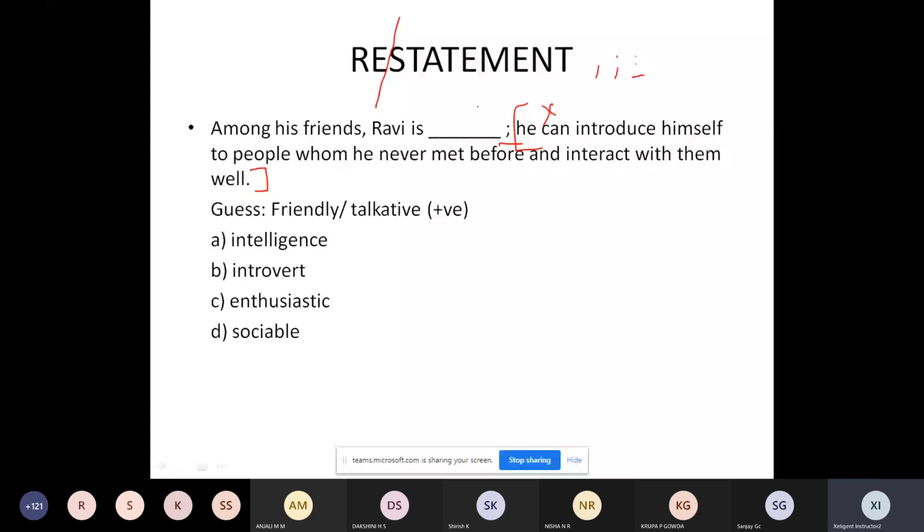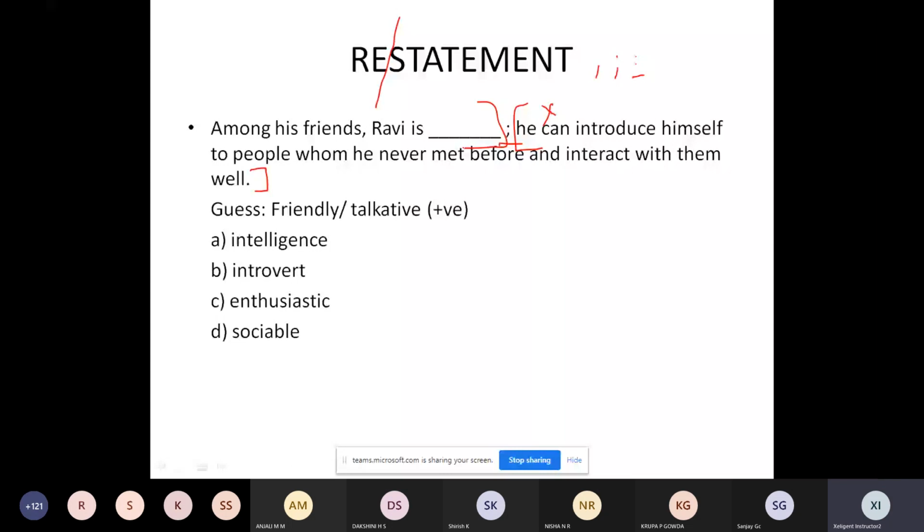Among his friends, Ravi is blank. Ravi is blank in the sense I can put any word. It can be intelligent, it can be introvert, it can be enthusiastic, it can be sociable. All the words are possible, correct? So among his friends, Ravi is introvert or Ravi is enthusiastic, Ravi is sociable. I can put any option.